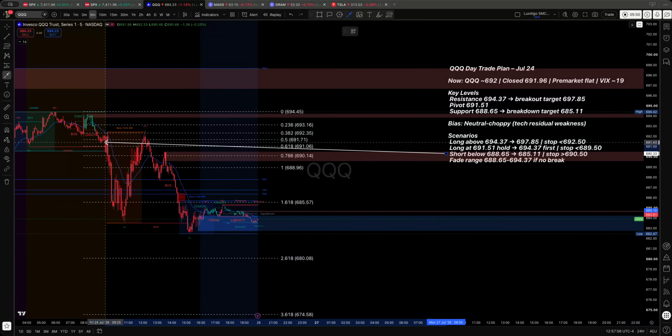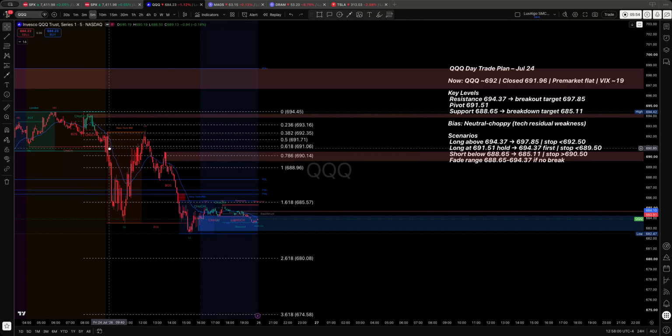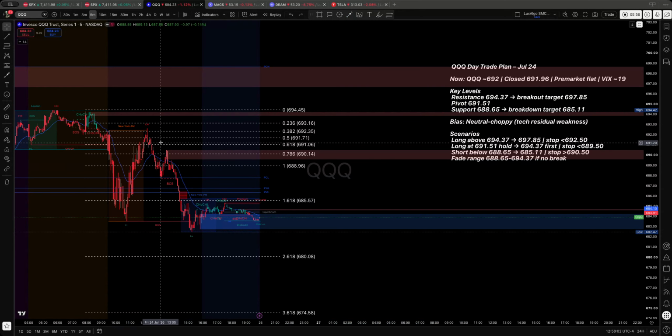This trade essentially, if you got in at the pivot, let's say you were bearish and you get in at the pivot, you can definitely use the resistance as your stop if you'd like, or if you want to tighten it up, you can definitely tighten it up.